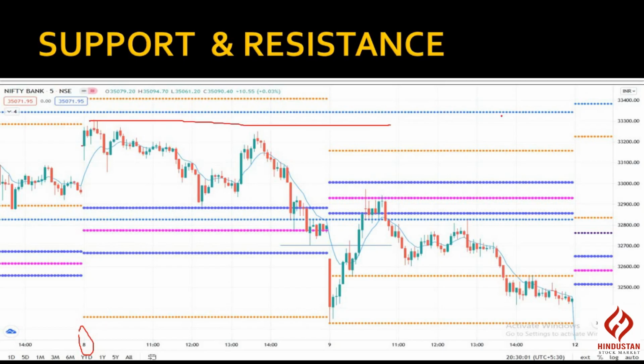This is your previous day high, and this is the breakout point, because it stays sideways, and this time it works as a support, and the price breaks this support line, so we can consider this a breakout. And this is your previous day low. So these will work as important support and resistance levels. This is all about pivot points.